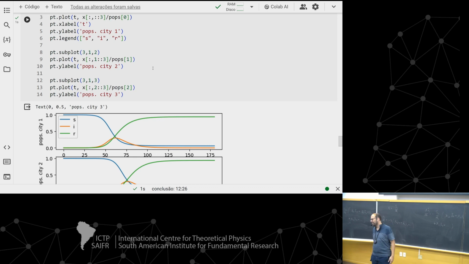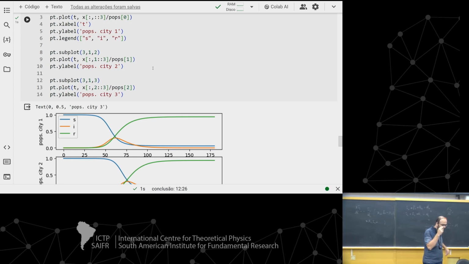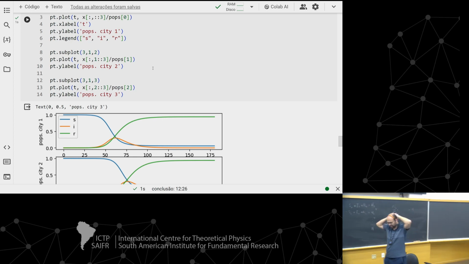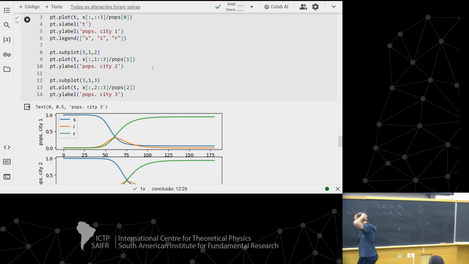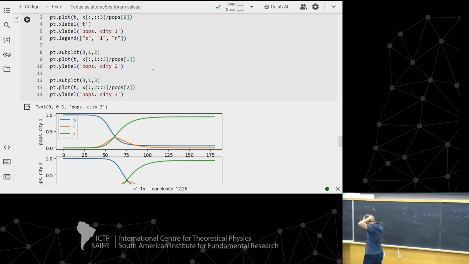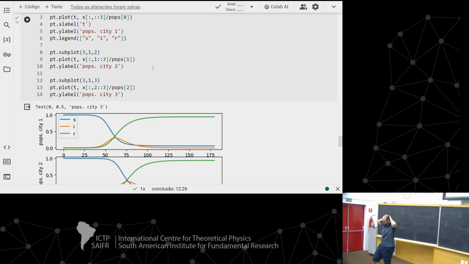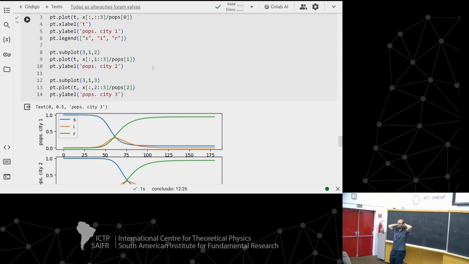Okay, but just to finish, the other thing that we left out is that this example here with the cities is a little bit funny, because it reaches a situation where sometimes it's important to go back to the basics of the formulation of these models and think, why do we use ODEs?